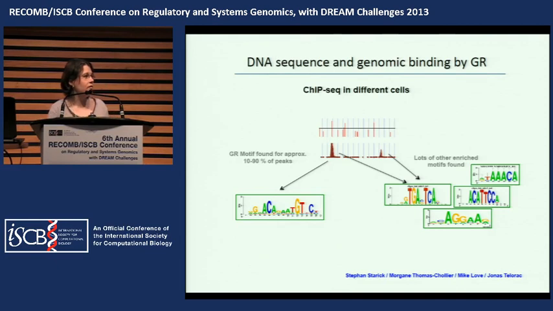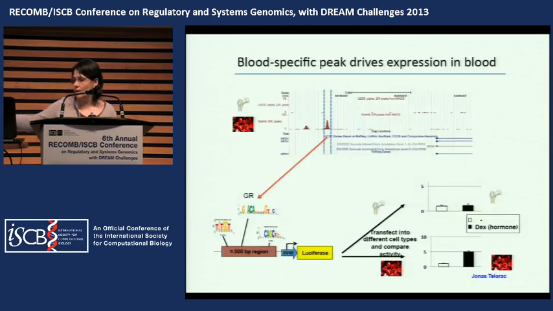But we also find a lot of other motifs, whether within peaks that contain the GR motif or in peaks that don't have it. And those motifs are actually important.